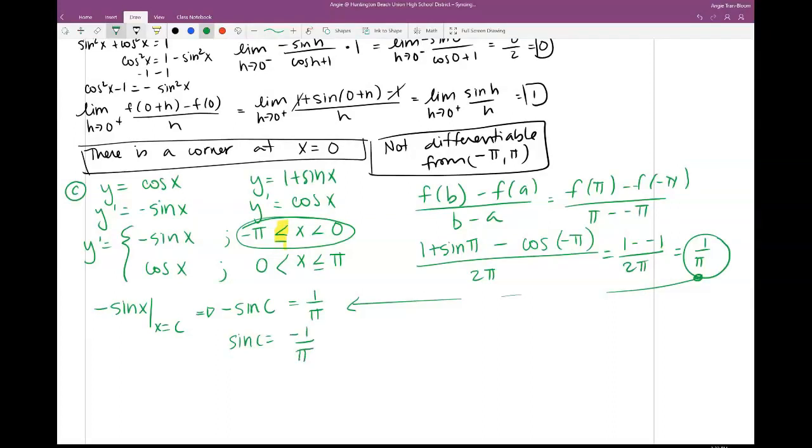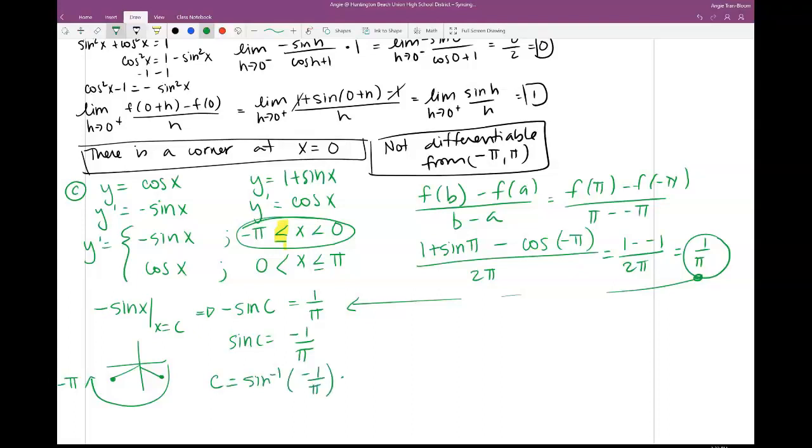Sine is negative in these two quadrants, because your restriction was from negative pi to 0. So I have to cover both of the quadrants, quadrant 3 and quadrant 4. When I put this in the calculator, c equals sine inverse of negative 1 over pi.